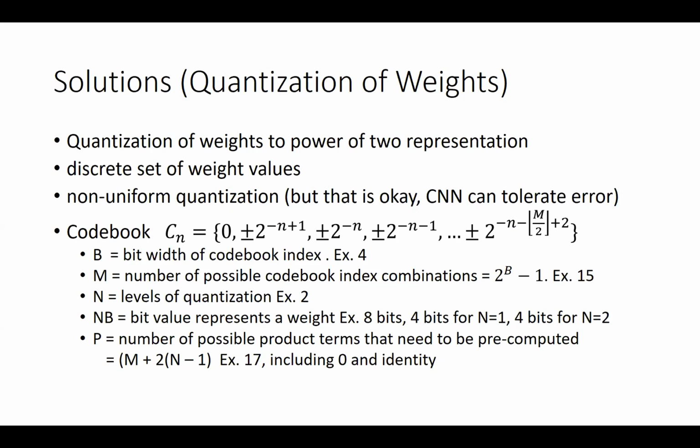So as I said, like 10 minus 10, 5 minus 5, and so on till 15 elements are there. N is the level of quantization. So basically, if I have to express an input in its quantized form, then I would be using like two terms from the pre-computed list of things.